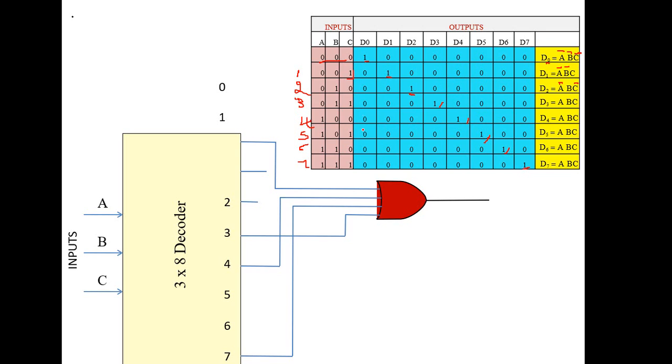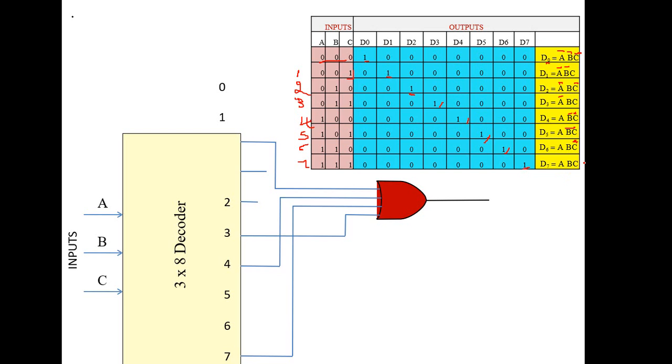When you take D3, it is 011, so A bar B C. When you take D4, A is high and the other two are bar, so A B bar C bar. Then 101 means B is bar, so D5 is A B bar C. Then 110 means A and B are high so C bar is low. This is for D6. When you take D7, all are high. This is the equation we got.